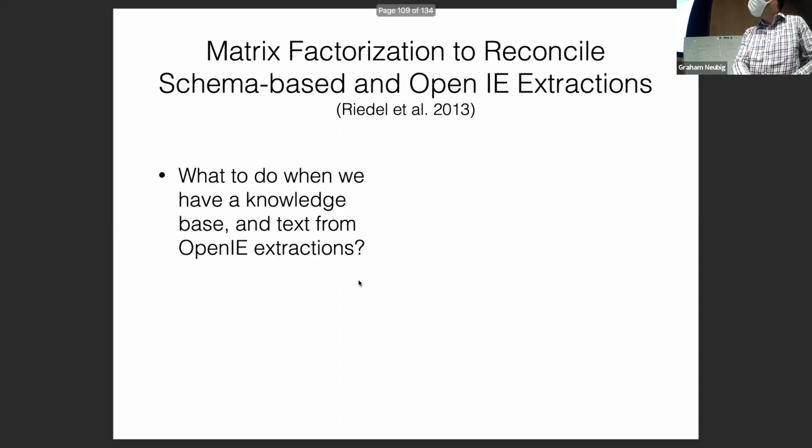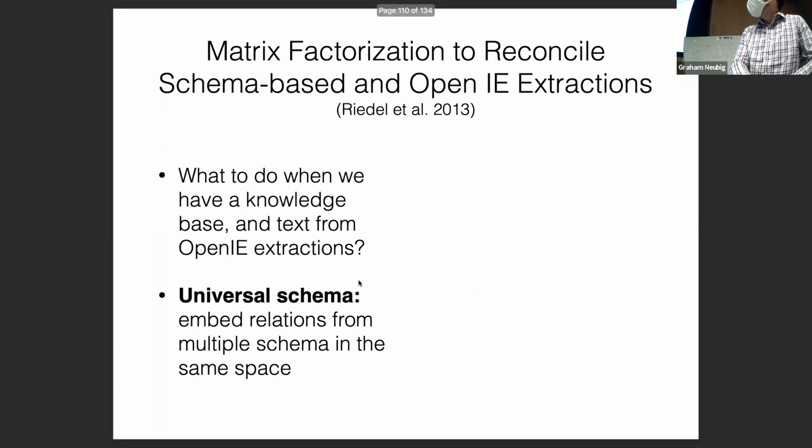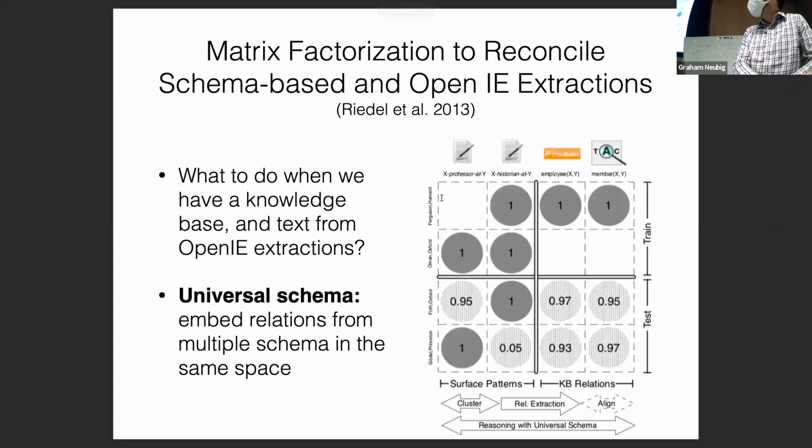And I really like this idea a lot because what we do is essentially we have all of the relations that are included in Freebase or Wikidata. We have all of the relations that are included in another database like TAP. We also have lots of open IE extracted relations like professor at, historian at, and things like this.